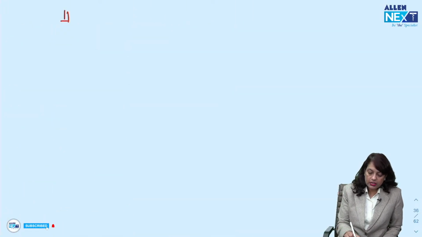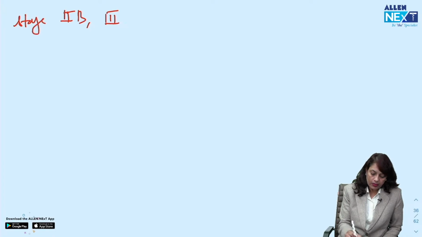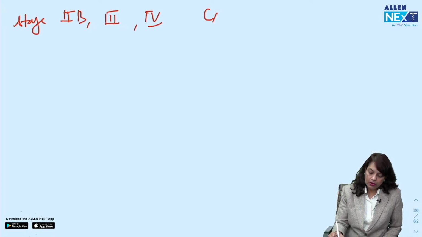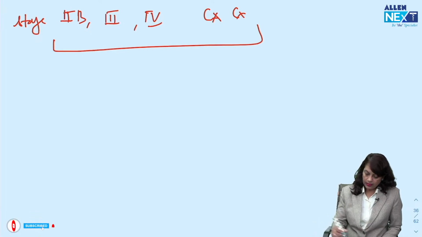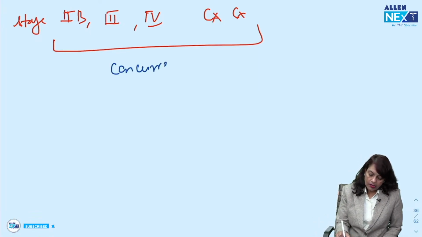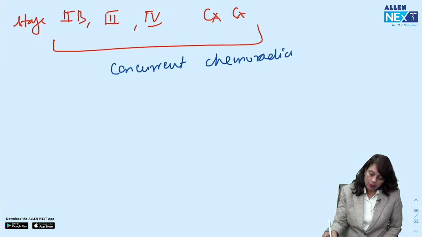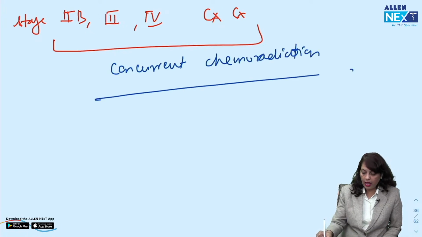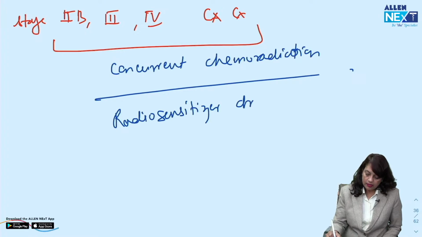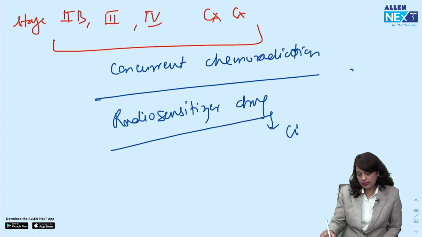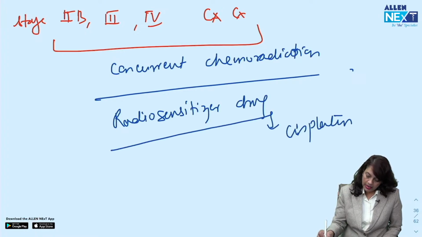So in cases of stage 2B, stage 3 and stage 4 cancer cervix, the answer is concurrent chemoradiation, with the radiosensitizer drug cisplatin.